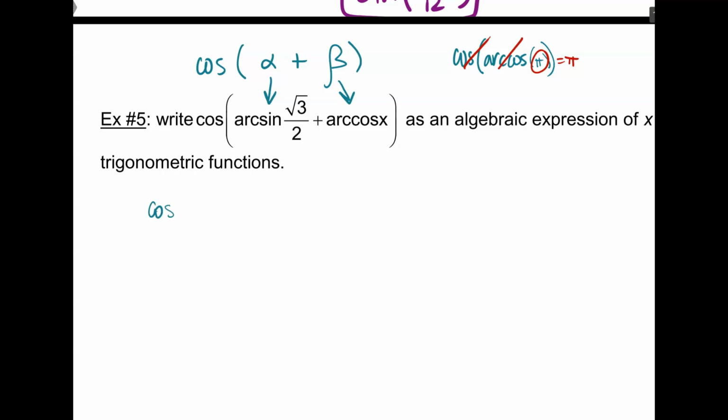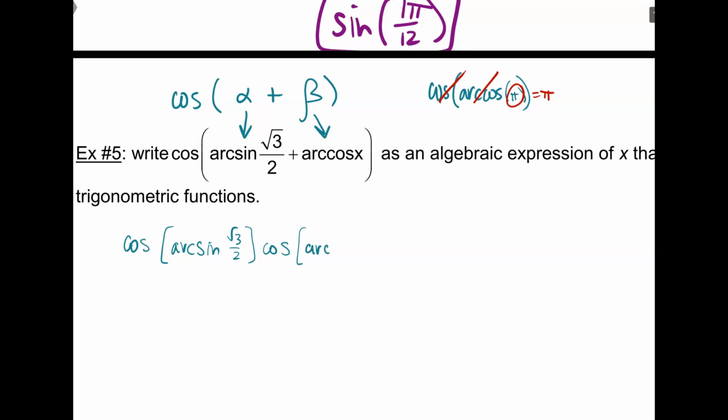So cosine alpha, that's arc sine root 3 over 2, cosine arc cosine x. I'm following the identity. Remember, cosine of alpha plus beta is cosine alpha cosine beta minus sine alpha sine beta. I'm just plugging in. Literally, this is my alpha, this is my beta. I'm just plugging into the identity.